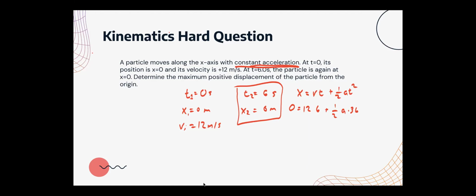So we get 18a plus 72 equals 0. We get negative 72 equals 18a. We get a is equal to negative 4 meters per second squared, correct? Is everyone following up until this point?